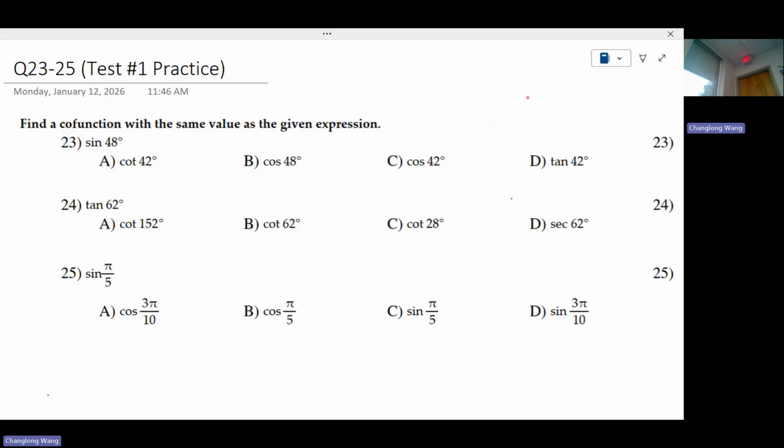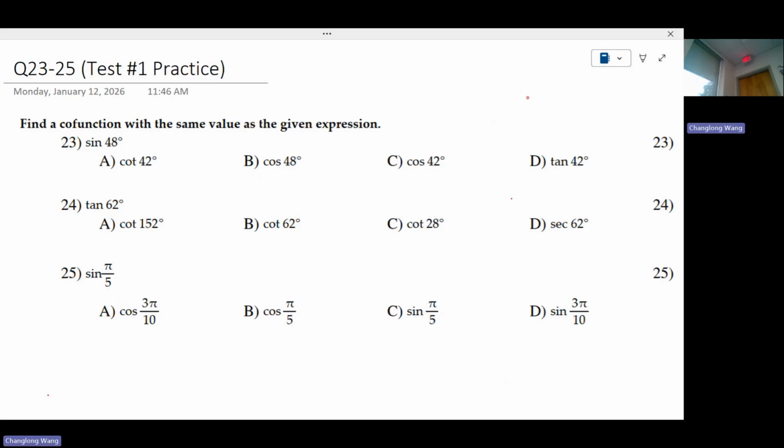Function and cofunction are related in such a way that when they're evaluated at angles that are complementary, their values are equal. That's why sine 48 would not be equal to cosine 48, but it will be equal to cosine of 42, because 42 and 48 add up to be 90. So it's a function and its cofunction, but you have to evaluate them at complementary angles.